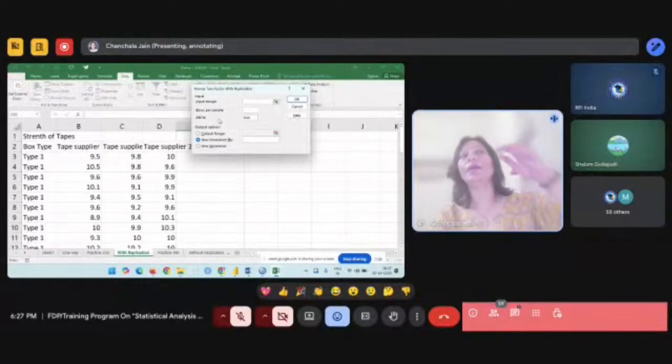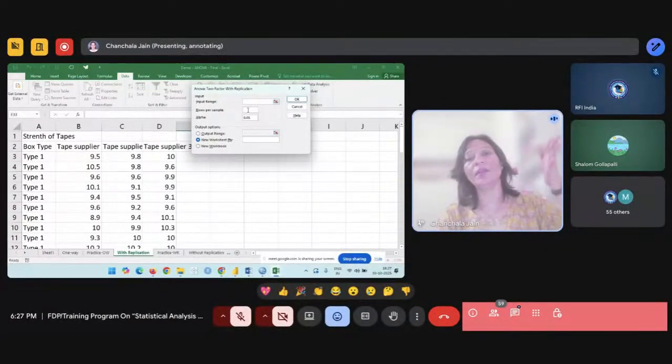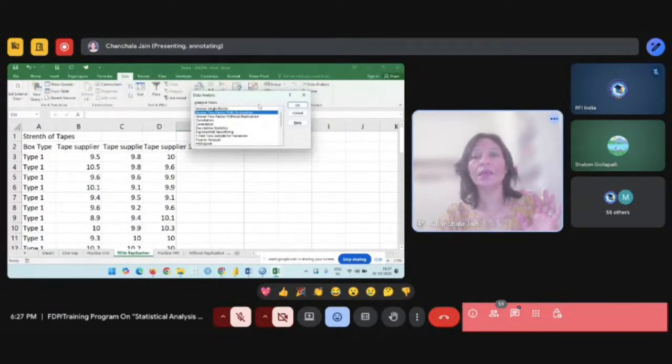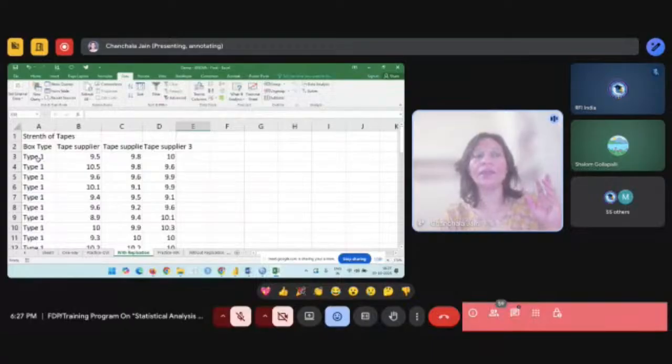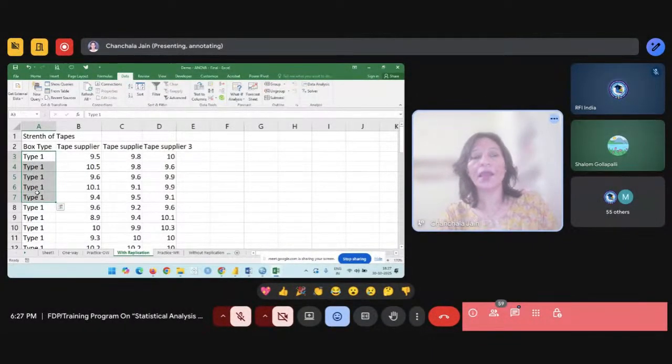But in the next, it is talking about rows per sample. Rows per sample meaning is whatever the categorical variable I have taken in the row, in that how many samples per row are available, right? Sample per row meaning is whatever the categories I'm having, how many times I'm replicating it, right? I need to see them.